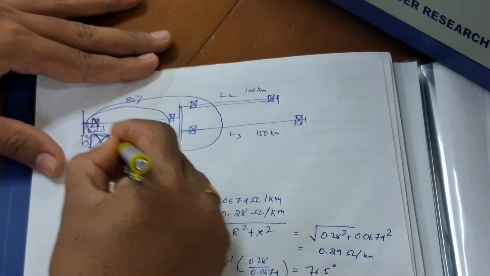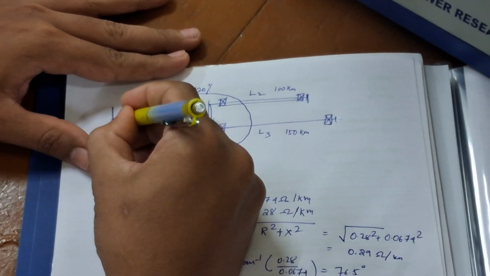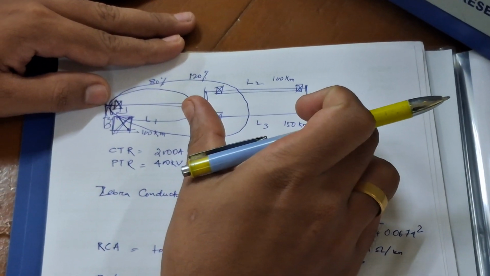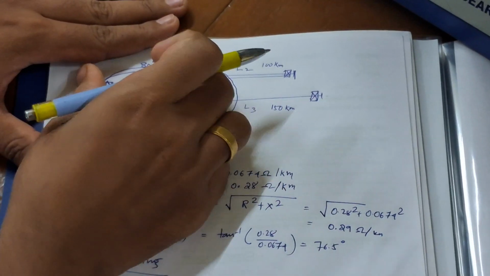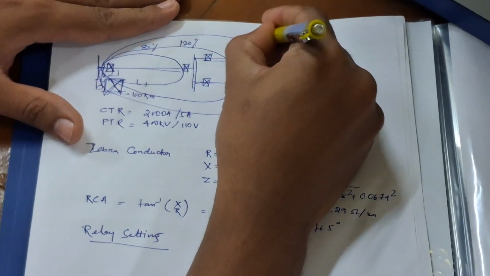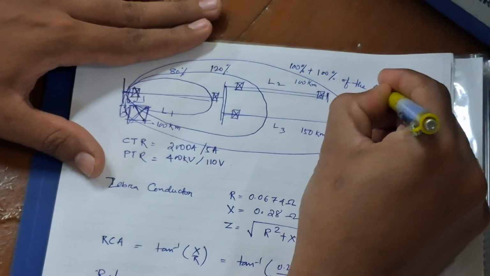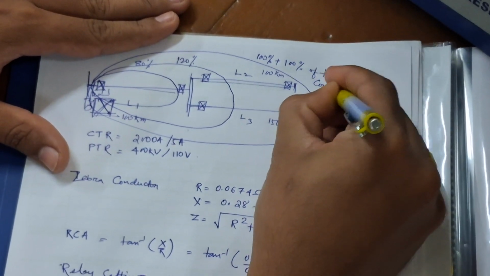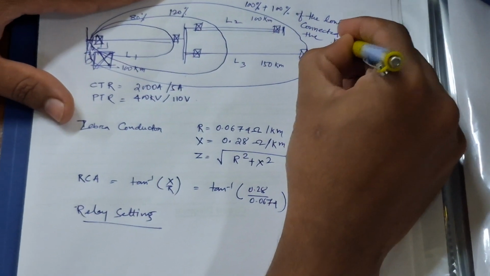And zone 3 would be 100% of the connected line and 100% of the longest line connected to that line, that would be this one and this one, up to this. So zone 3 is 100% plus 100% of the longest line connected to the relay line.